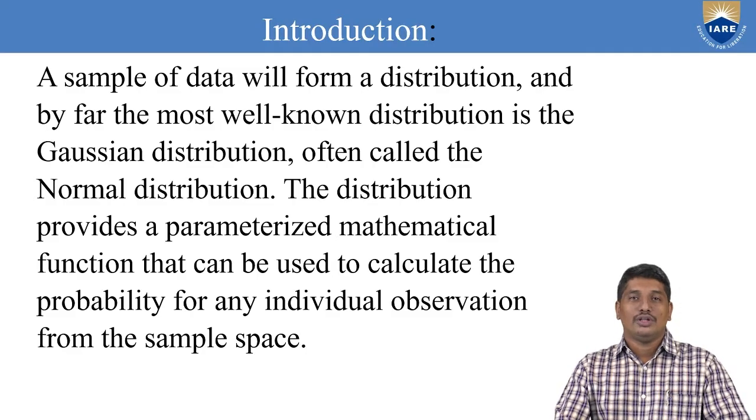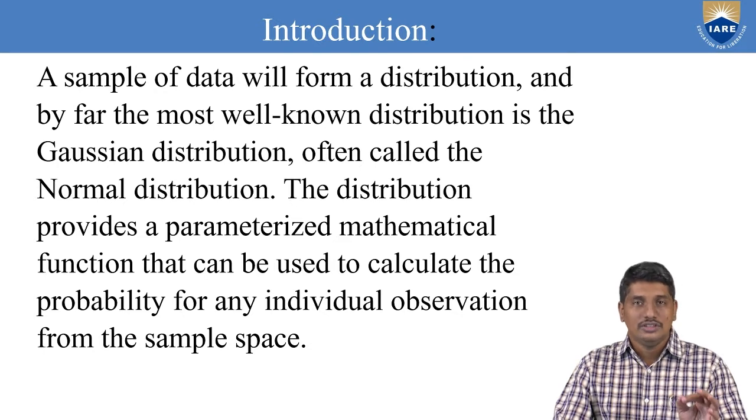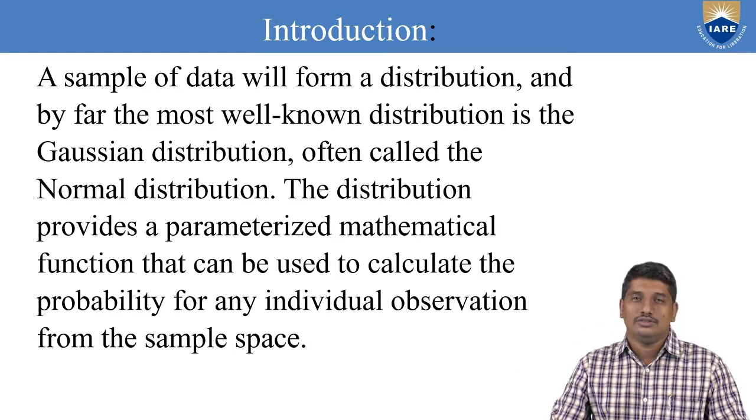Before going to the concept of moments, skewness, and kurtosis, I'd like to discuss the importance of the Gaussian approach or the Gaussian distribution in machine learning, especially dimensionality reduction. Generally, a sample of data will form a distribution.